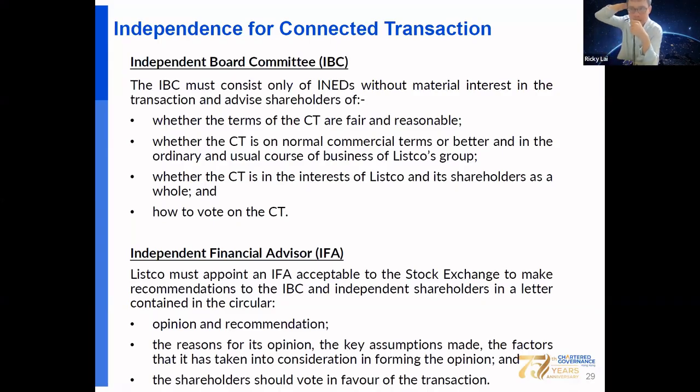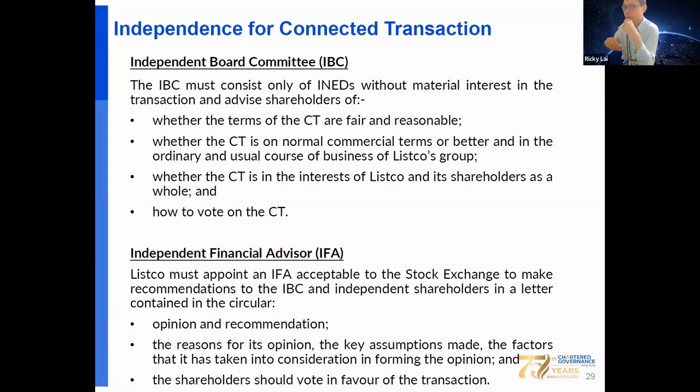The role of the IBC is to advise the shareholders whether the terms of the CT are fair and reasonable, whether the CT is on normal commercial terms and in the ordinary and usual course of business, whether the CT is in the interest of the company and its shareholders as a whole, and how to vote on the CT.